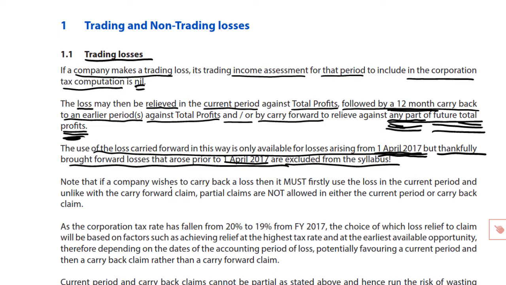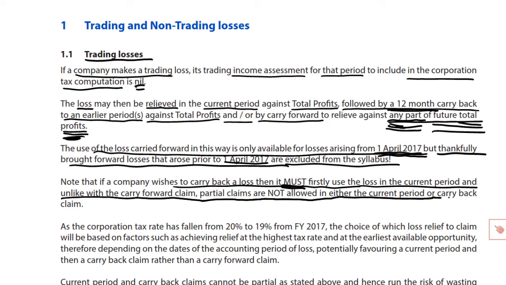Note, if a company wishes to carry back a loss, as we have said and emphasised so many times already, it must firstly use the loss in the current period. And unlike with the carry forward claim, partial claims are not allowed in either the current period or the carry back claim. So the carry forward provisions are far more user friendly than the current and carry back claims.